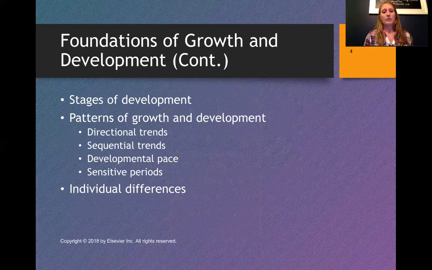And then again, we just want to keep in mind that everybody is going to grow at a different rate. We're not going to see everybody hitting every single milestone at 11 months, everybody walks. It's not the way it works, but they should be in a particular sequence along the way.